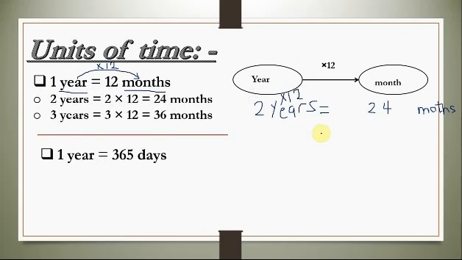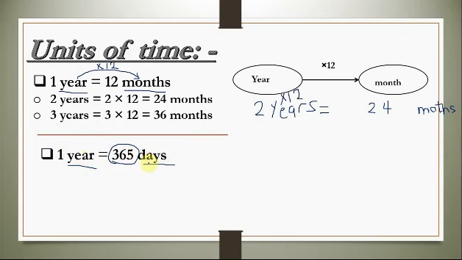Okay, the next thing, the year and the days. You know that each month has 30 days or 31 days, or some months have 28 days. If we add all the days together, we will get a relation between the year and the days, and it equals 365 days. 1 year equals 365 days.